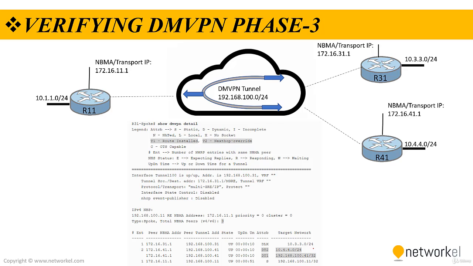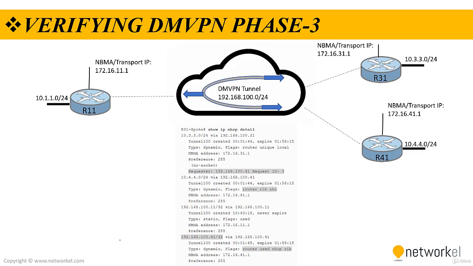You can see these are the spoke to spoke tunnels, and this entry with attribute DLX represents the local, which is no socket routes, and the original tunnel to router 11 remains as the static one, as you can see in here. So when we type show dmvpn detail for router 31, we can see this output easily.